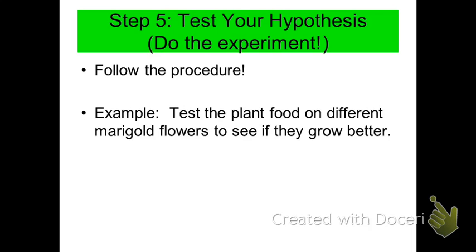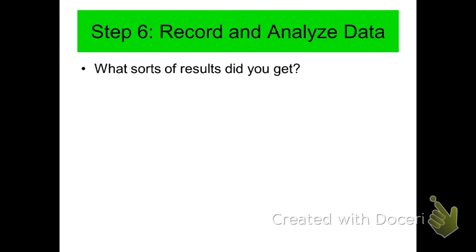All right, step 6. We're going to record and analyze our data. So what kind of results did we get? We need to record for the marigold. We're going to record the height each day. If we're going back to that locker example, it might be as simple as, did my locker open or did it not?